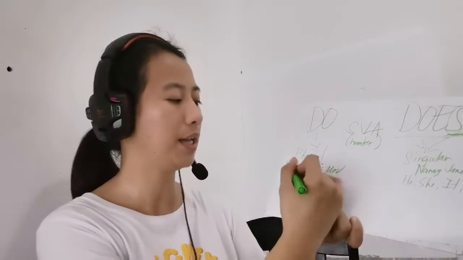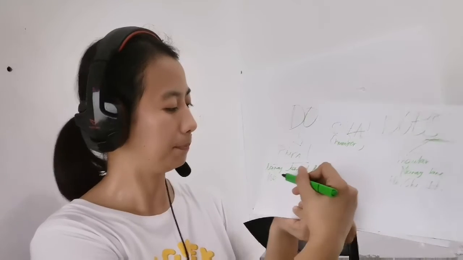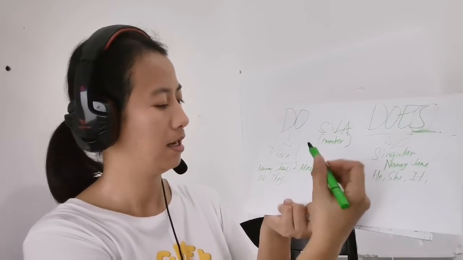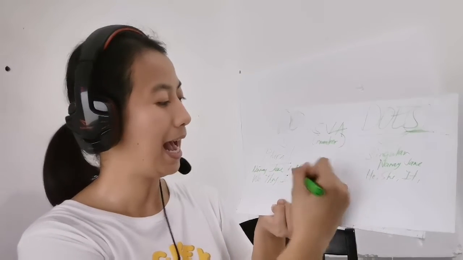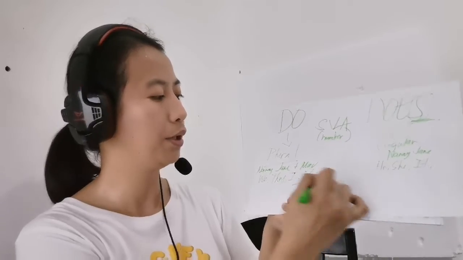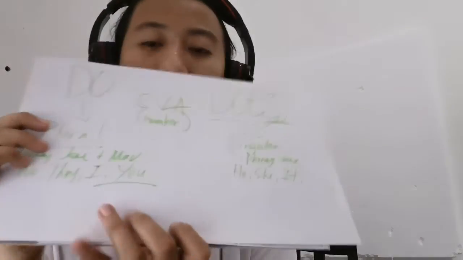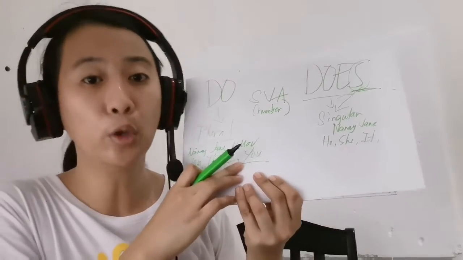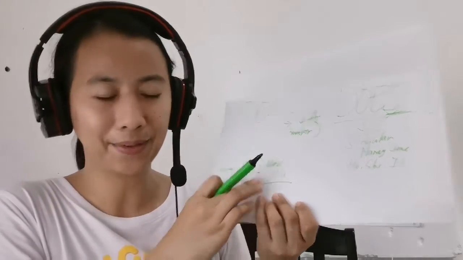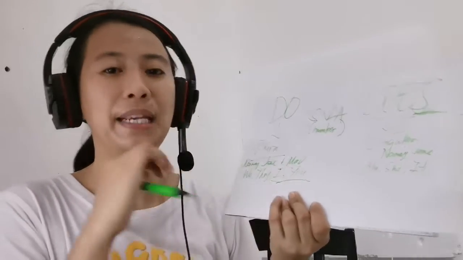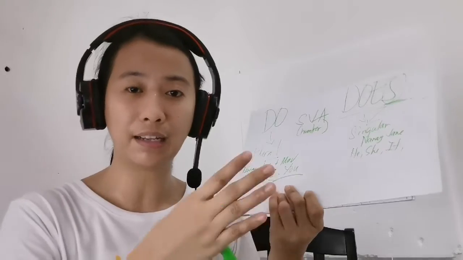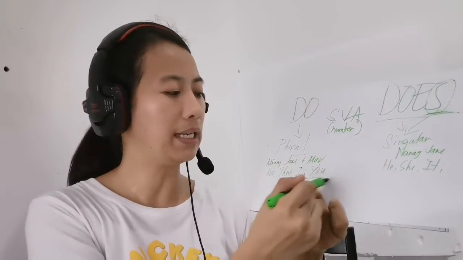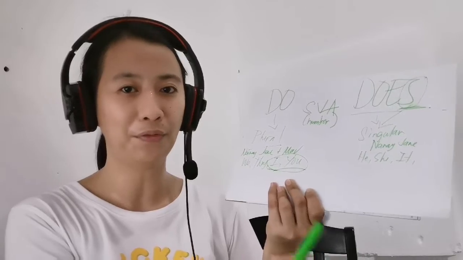So for plural pronouns, we are using we, they, I, and you. Okay. Take note, I and you are considered plural all the time. So although this may be singular in meaning, because when I say I, that's only me, but they always take the plural form of the verb.